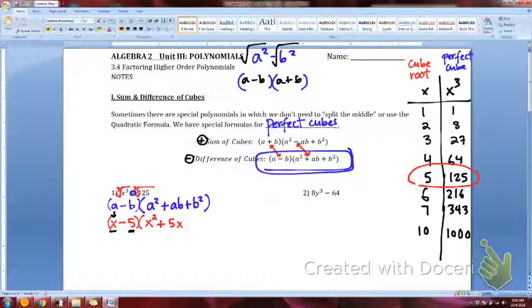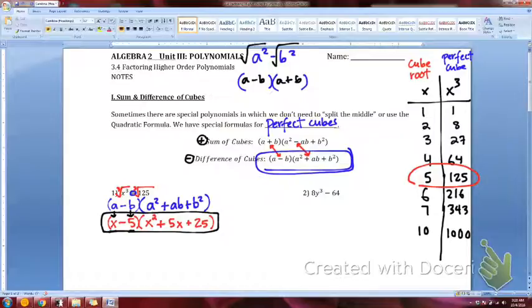Then it says take your b value and square it. So my b value was 5, and if I square 5, 5 squared is 25. And I can put a plus sign because that's what my formula says. So I have x minus 5 times x squared plus 5x plus 25.